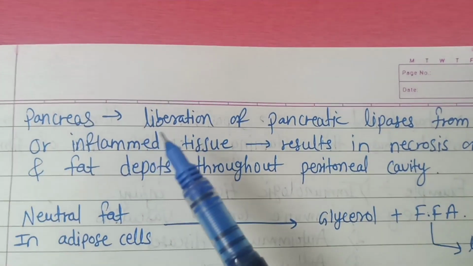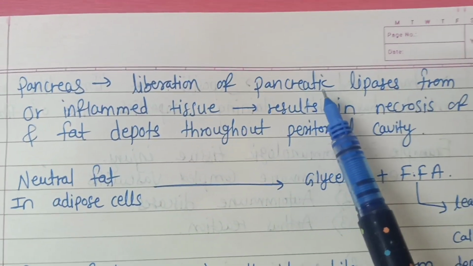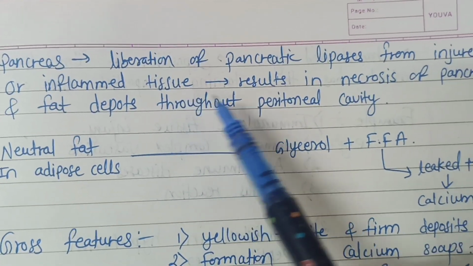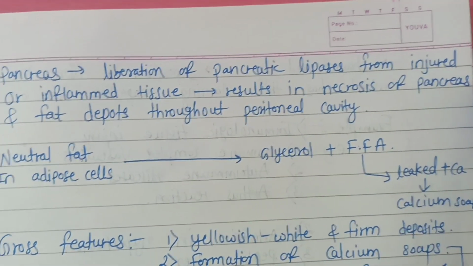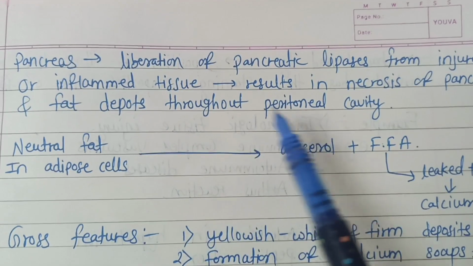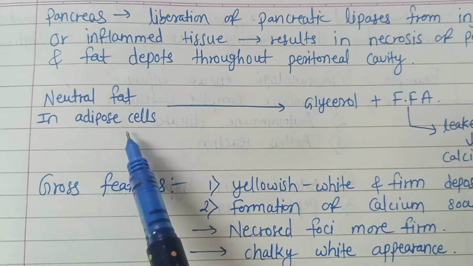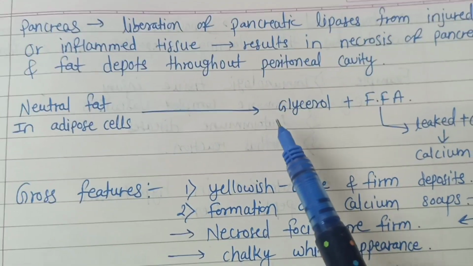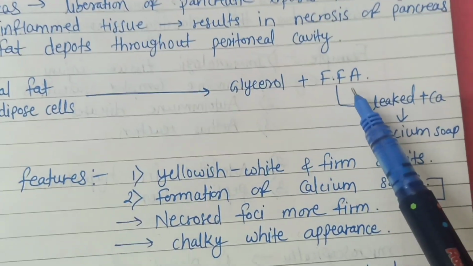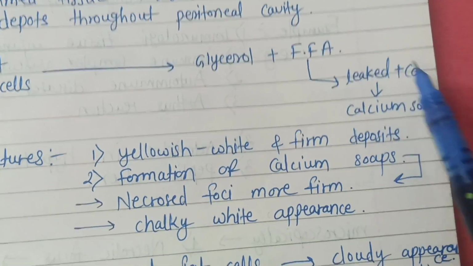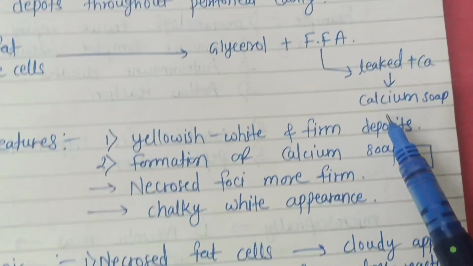Now in pancreas, there is liberation of pancreatic lipases from injured or inflamed tissue that results in necrosis of pancreas and fat deposits throughout the peritoneal cavity. Neutral fat in adipose cells hydrolyzes into glycerol plus free fatty acids. Then free fatty acids combine with calcium and form calcium soap.